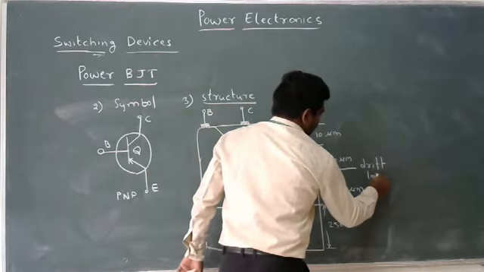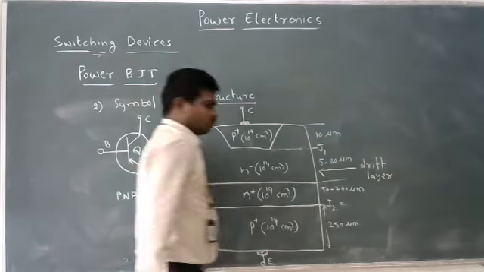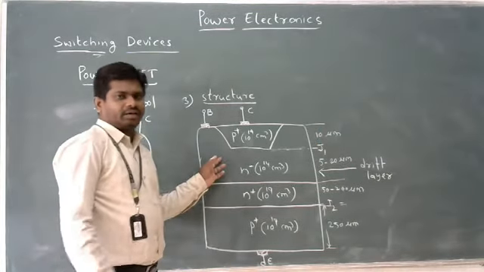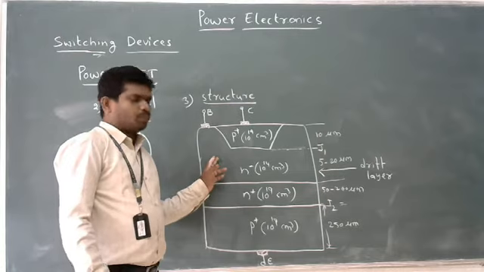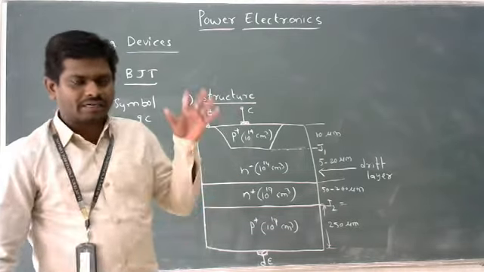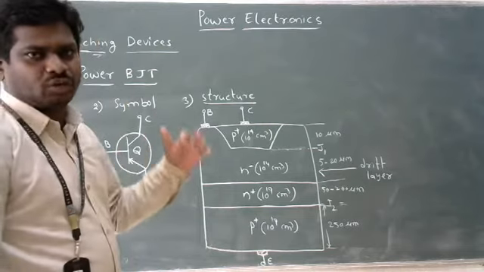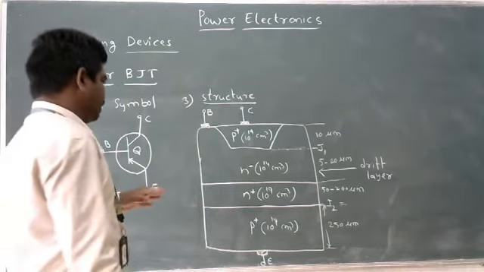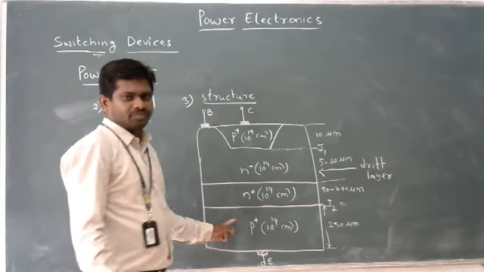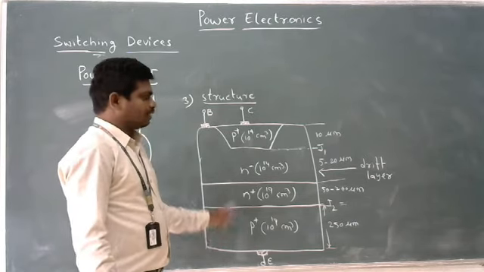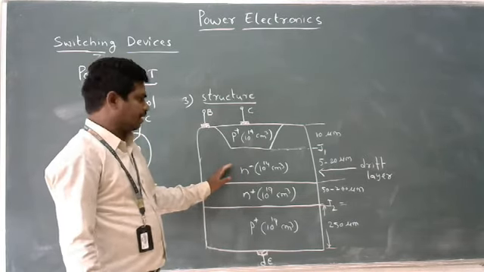What do you mean by drift layer? Whenever it is lightly doped, it allows the charge carriers into the next junction, the next layers. That is the main advantage of the drift layer.